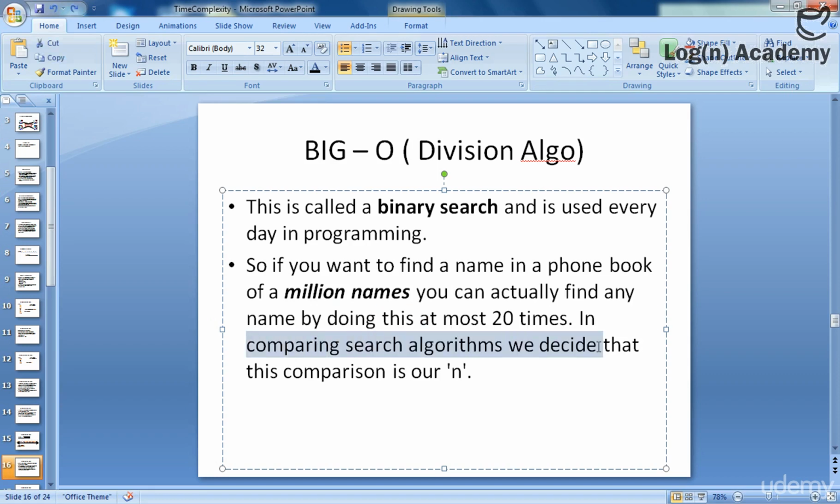In comparing each algorithm, we decide the comparison. So we implemented this on a problem space, and we got the result.